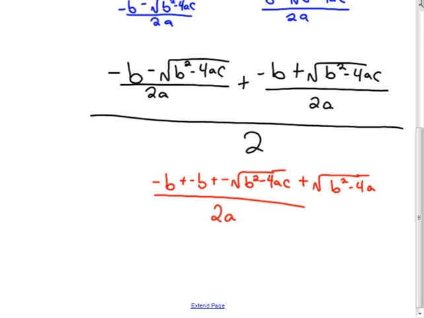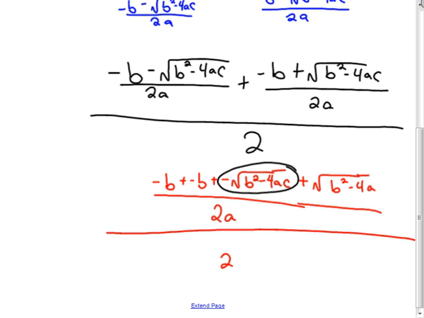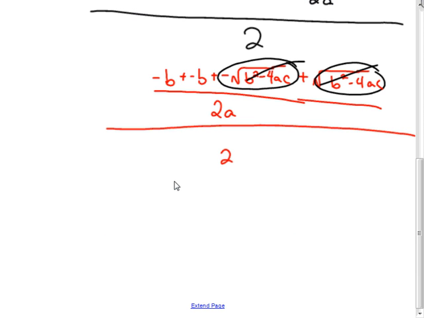So that's my numerator, and that's still all over 2. Well, if you look, there's a negative 1 and a positive 1. They cancel. And a negative b plus a negative b is a negative 2b all over 2a. That's my numerator.